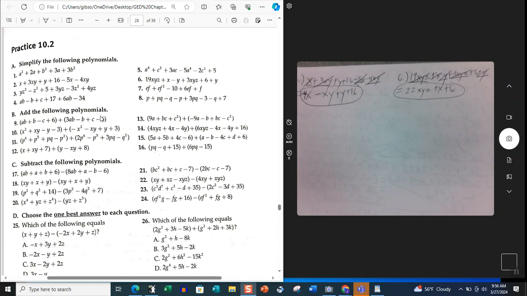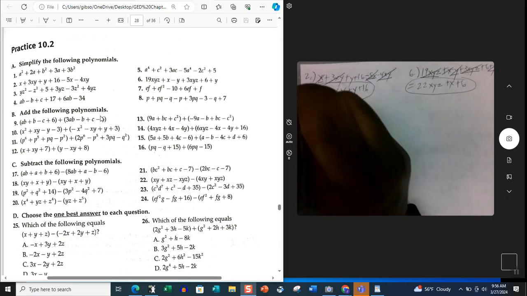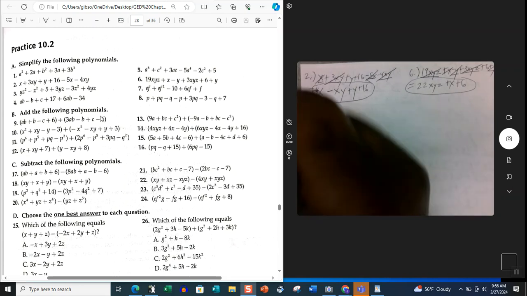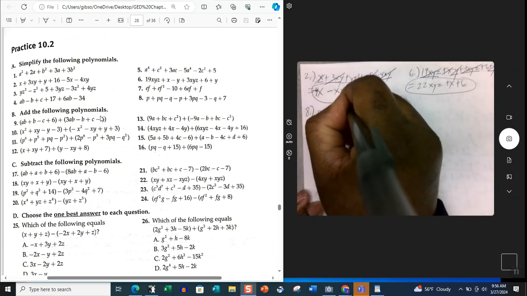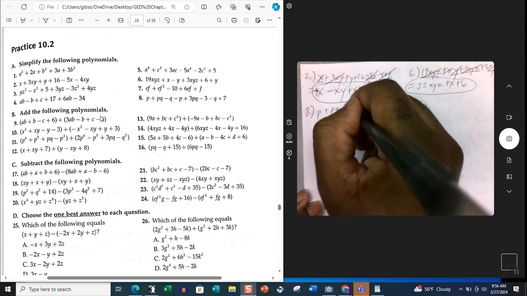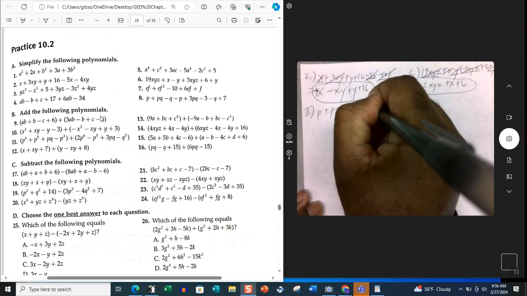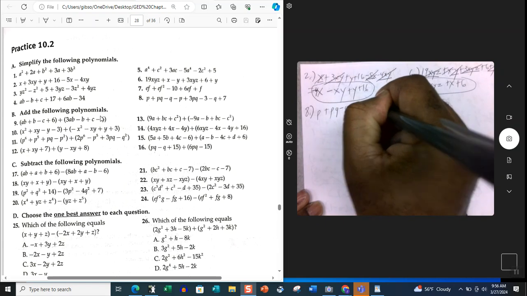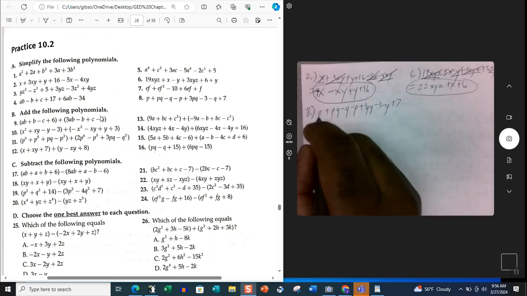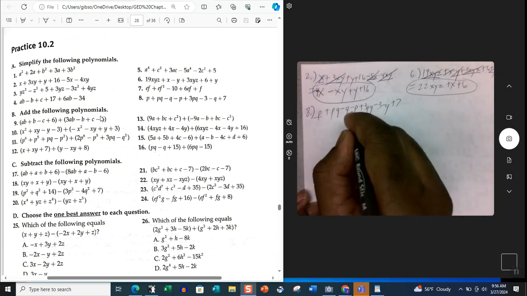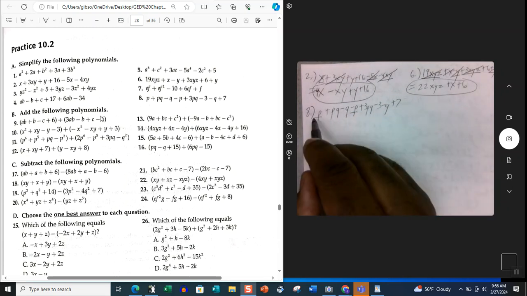Okay, now, and last but not least from this section, I think I want to do number 8. Number 8, we have P plus PQ minus Q minus P plus 3PQ minus 3 minus Q plus 7. All right, so let's look for all P's. We had two P's.